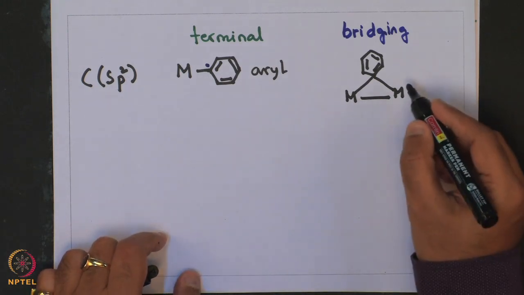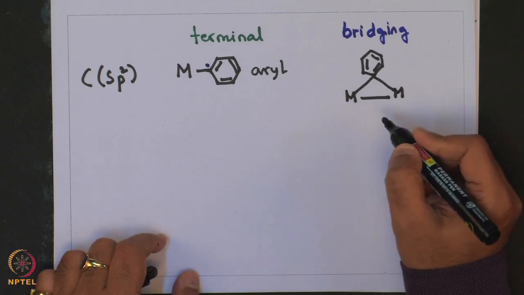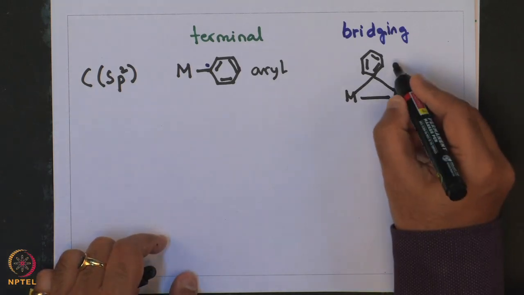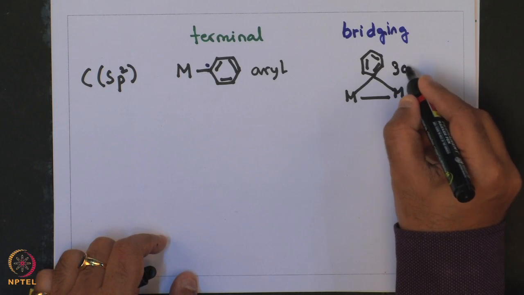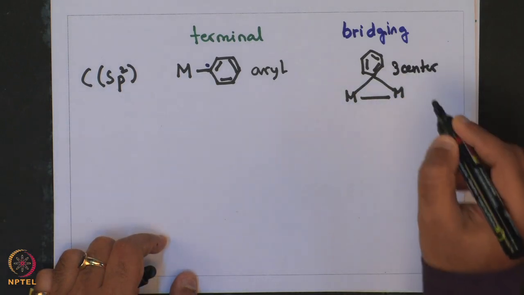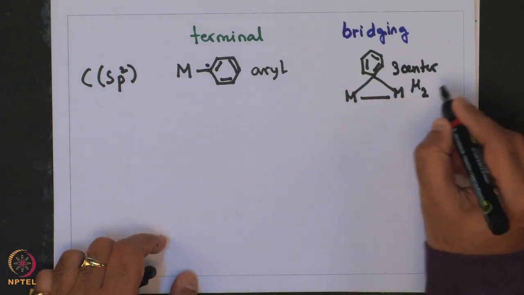Similar to what we had observed for the alkyl binding, this is designated as a 3 center mu 2 aryl.